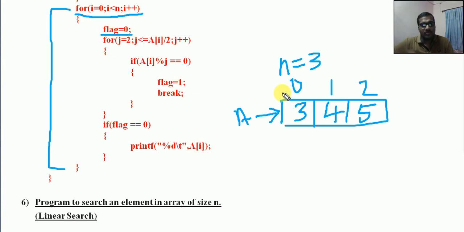Now we are at the 0th location. In the first iteration we have entered the loop. So 0 is less than 3, right? So we are entering the loop. Just set flag is equal to 0. Flag will be set as 0. Now we are moving into another loop. So what is the requirement of this loop?